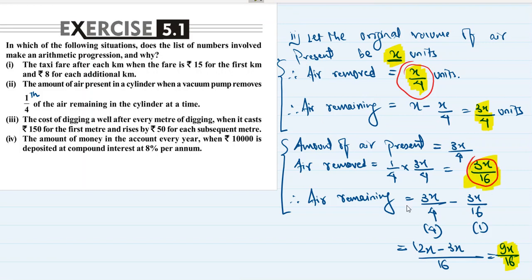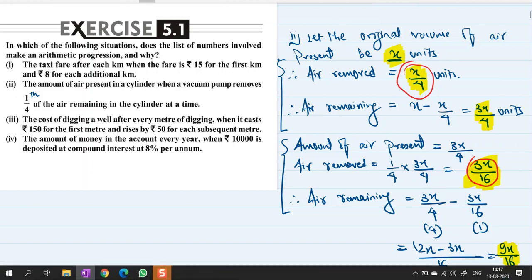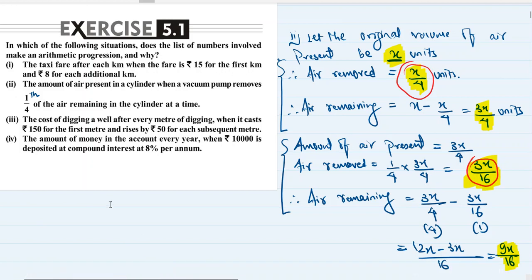In the second cycle, the air removed was 3x by 16. So every time the same amount of air is not removed. Every time a different amount of air is removed. And that's why we consider this not to be an AP. So how will you write the answer?